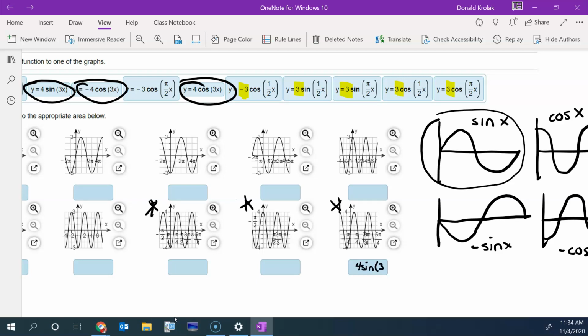And if I look at the period, that's kind of hard to read. I should see 3 of these between 0 and 2 pi.